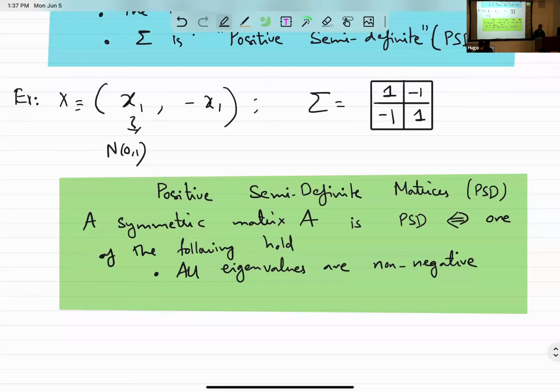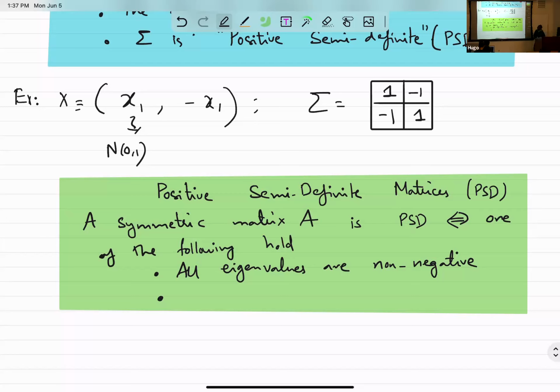It's the definition I was most familiar with. Exactly, right? So there are two definitions. To show that they're equivalent, we need to use eigenvalue decomposition. Okay, so what's the other definition?